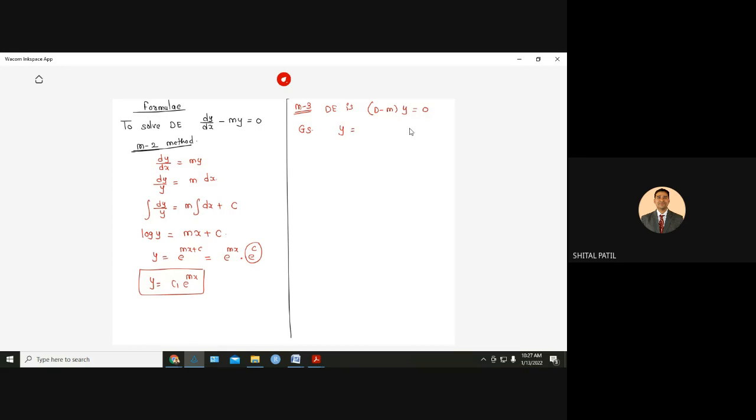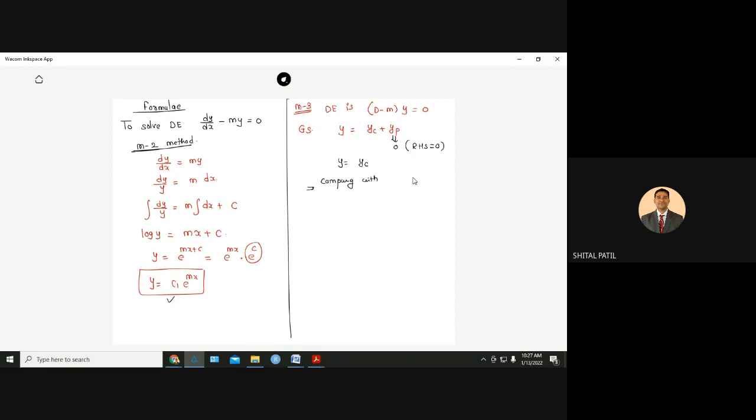General solution is y equal to y of c plus y of p. But what is y of p here? y of p equal to 0. Why? Since the right hand side equals 0, there is no right hand side. So y equals y of c.